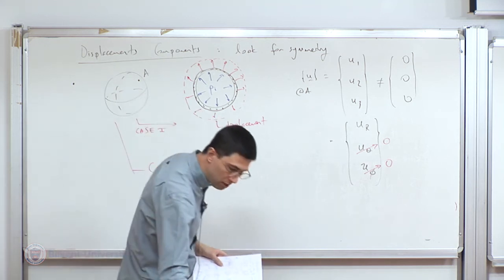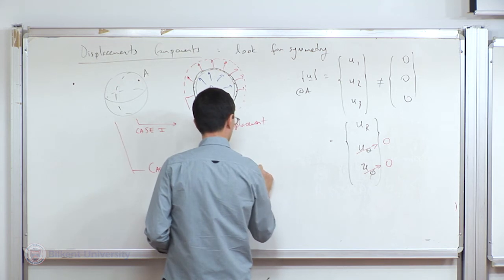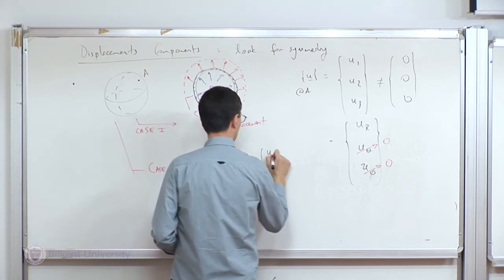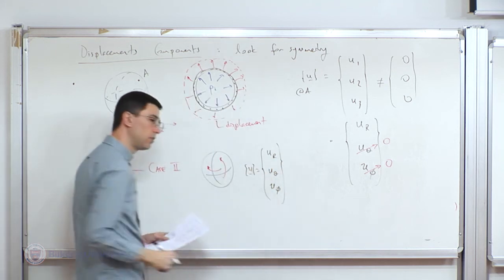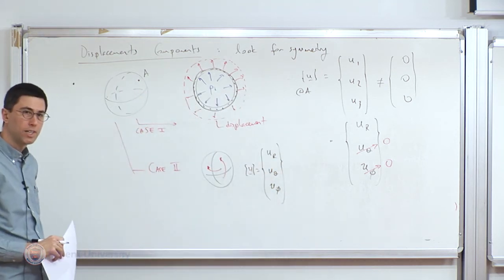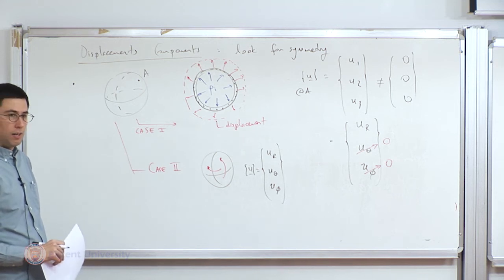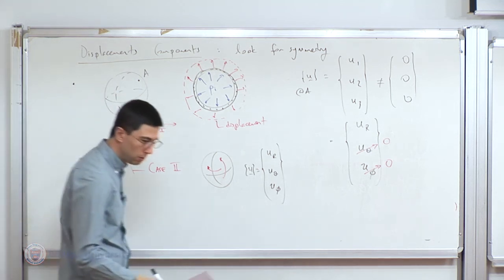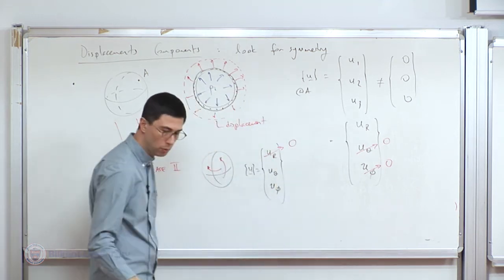Okay? So in this particular case, if I look at the displacement field, is anything 0? The radial one is 0 in this case. Okay, good. This I don't need to worry about.